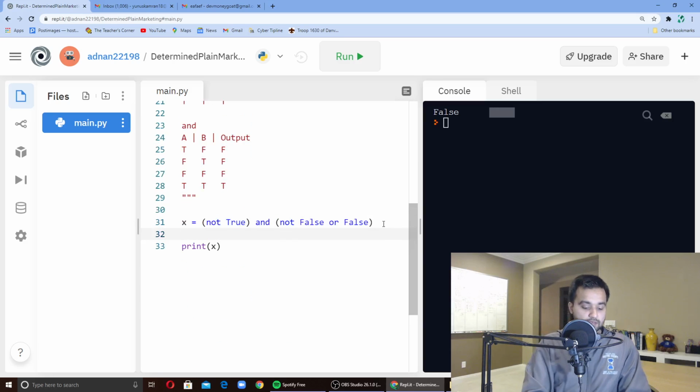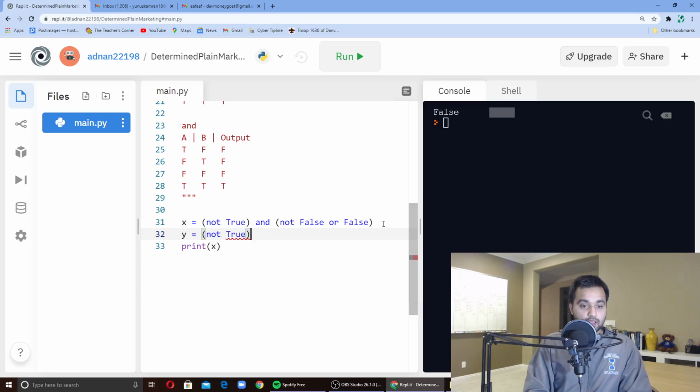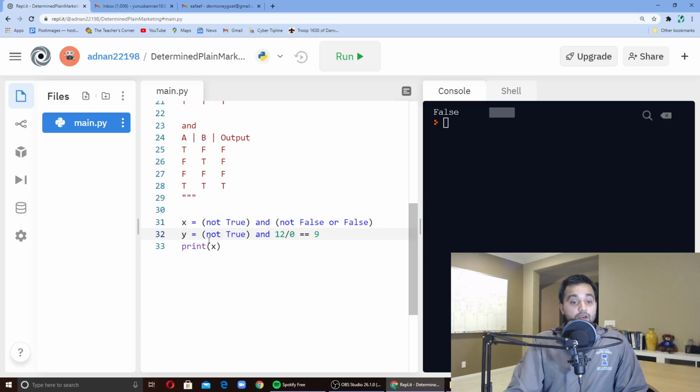I can say something like x equals not true and 12 divided by 0 equals 9. Something really random. But not true is just false, so the whole thing will be false. So that's why it'll actually evaluate. So let's run it. It's going to be false.